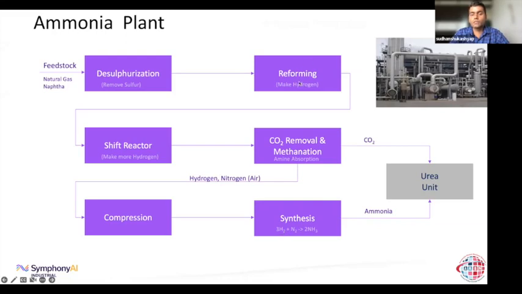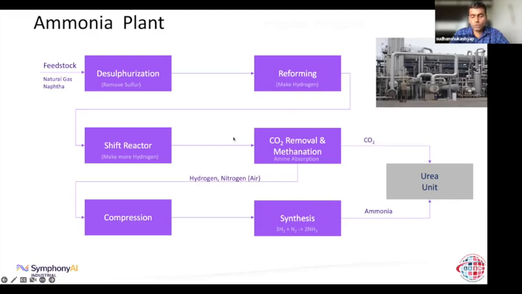This reforming process also produces a lot of carbon dioxide and carbon monoxide. For the ammonia synthesis catalyst, CO2 and CO are poison. So they have to be removed completely from the system before this raw gas, which contains hydrogen and nitrogen, comes to the reactor.